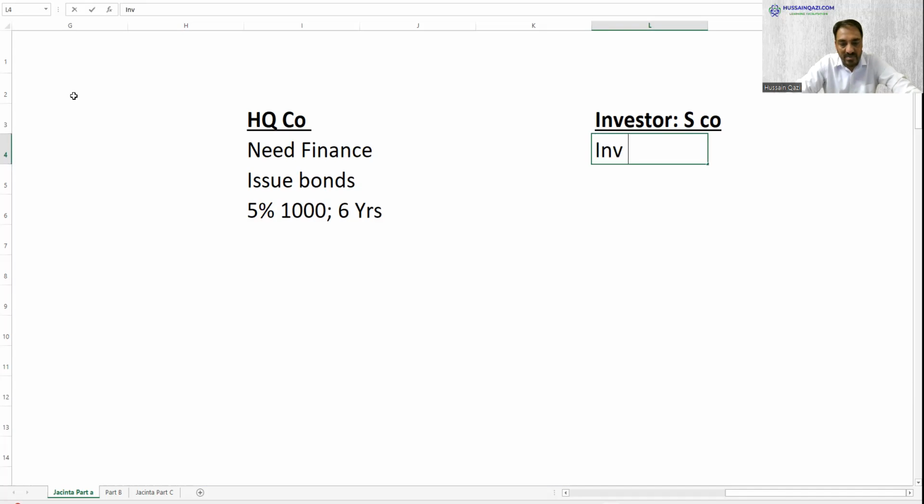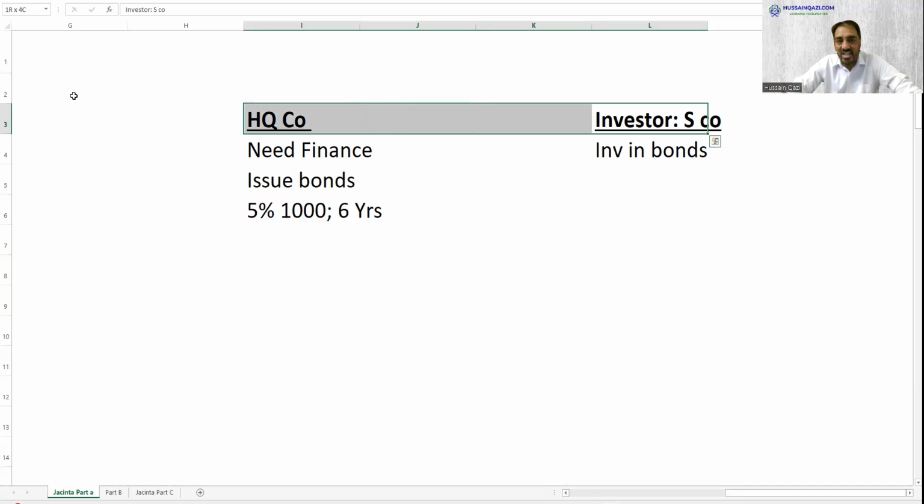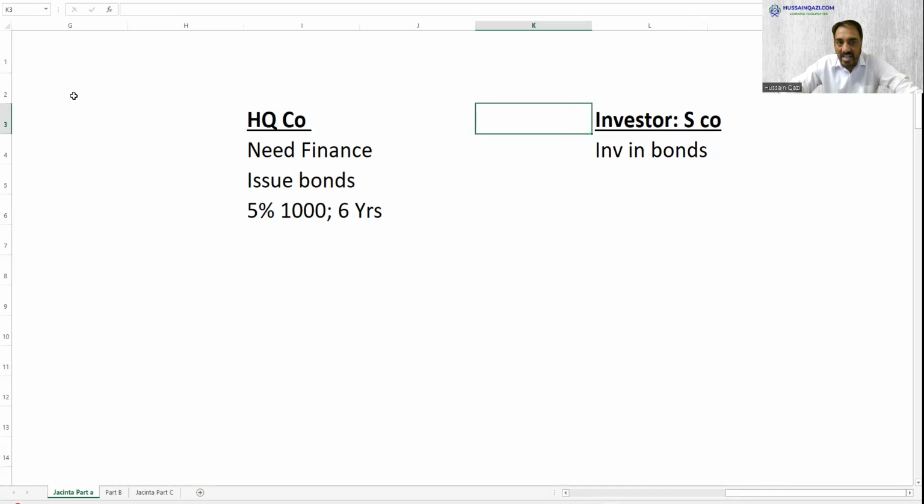That's called investment in bonds. So definitely S company will provide the finance to H company. And H company has committed that once we receive the amount, for example 1,000, we will pay the interest and, at the end of the day, the redemption. For example, redemption at par.